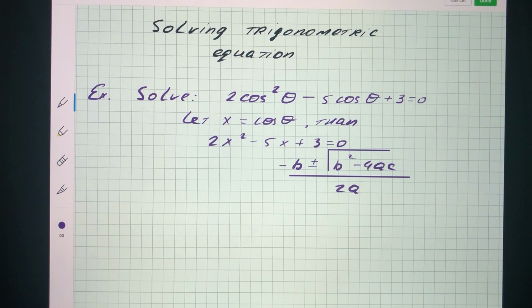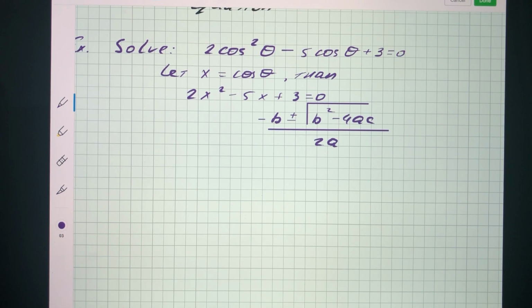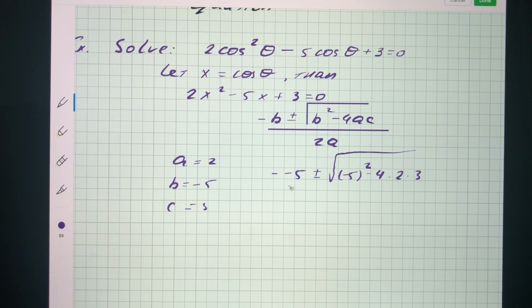So for us, the coefficients are: a is 2, b is minus 5, c is 3. So we would get minus negative 5 plus minus the square root of negative 5 squared, and then minus 4 times a, which is 2, times c, which is 3, divided by 2 times a, which is 2.